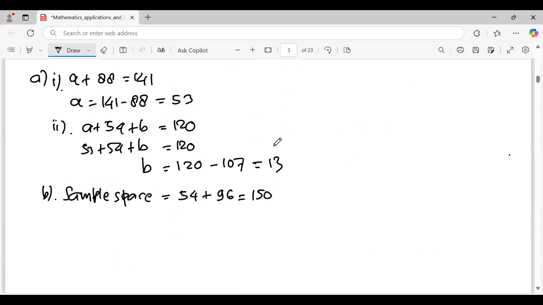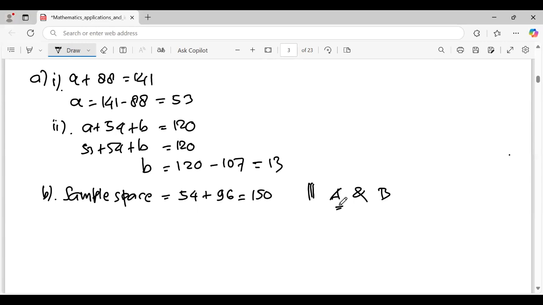Yeah, this is the total number of components with minor cracks. So we are going to find the probability first. Probability, I'm going to use A and B.